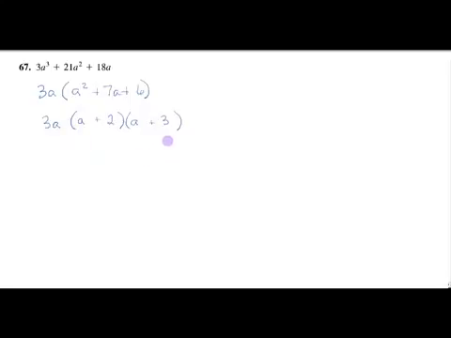So that gives me a 3a and a 2a adds together to be 5a, and that's not what we need. So let's go ahead and split it up the other way. 6 and 1. That gives me a 1a, and 6a is 7a. So I know this is the factorization of that trinomial.